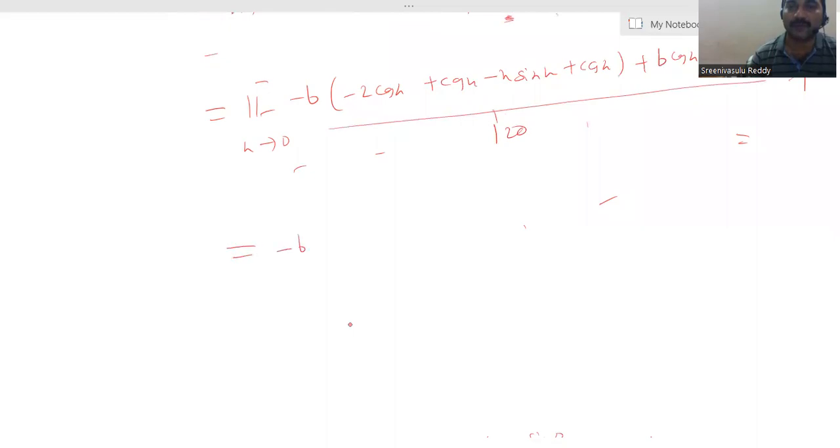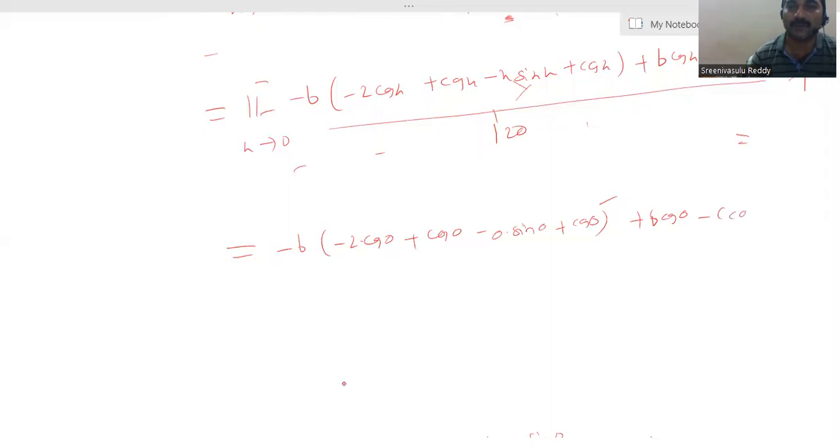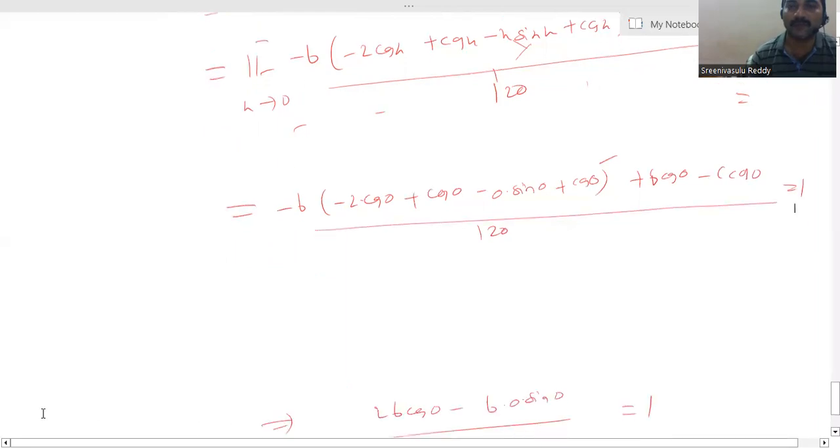Just substitute the value 0. X tends to 0. Minus b times of minus 2 cos 0. Cos 0, this value 0. 0 into something, 0 minus sin 0 plus cos 0 plus b cos 0 minus c cos 0 by 120 equal to 1. What about the simplified value?